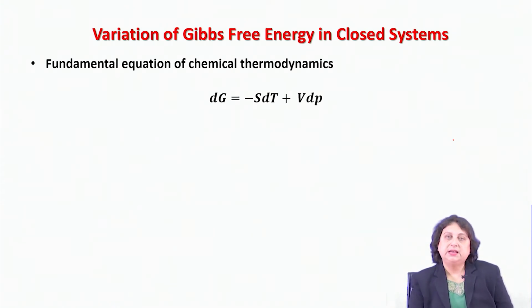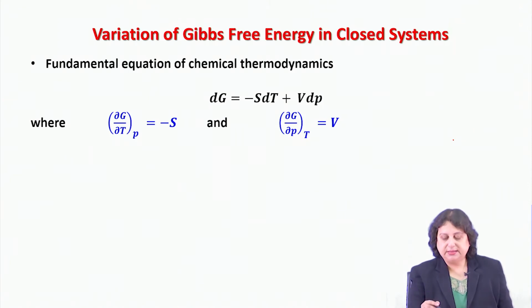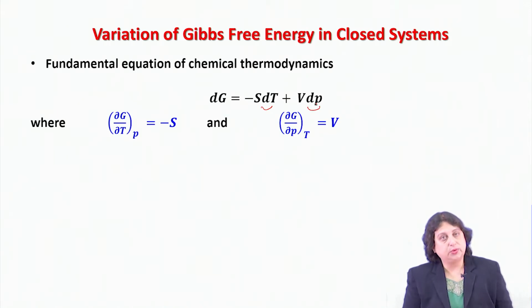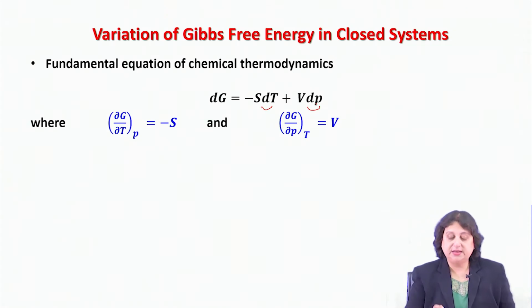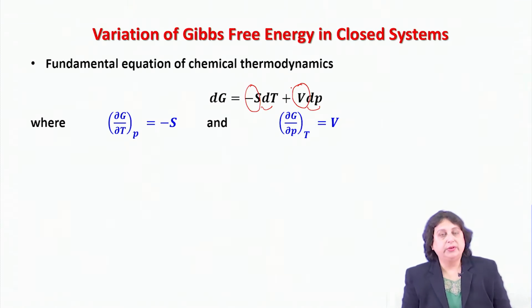Now, moving ahead, if I have a process where dG is given by -SdT + VdP, and this process is taking place in a closed system, I need to understand that the change in state depends on the variation of dT and dP that we are going to control from outside as independent parameters to put into effect the change in state. Now, the rate at which G changes as a result of changes in T and P obviously depends on these coefficients which appear along with dT and dP in the fundamental equation.